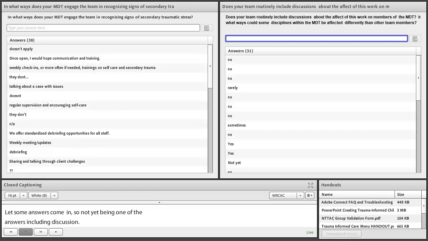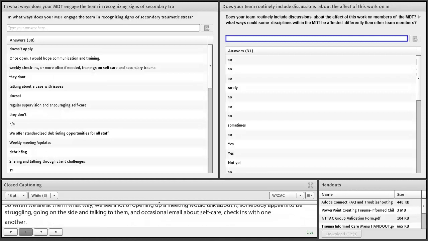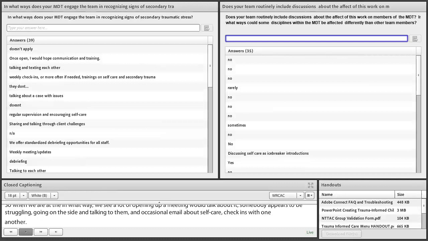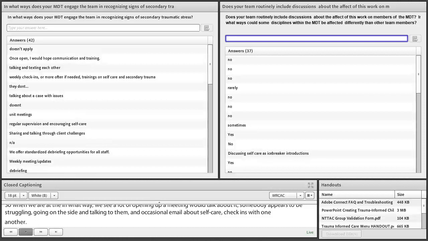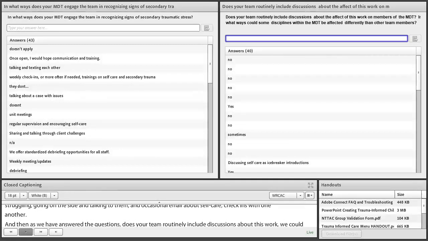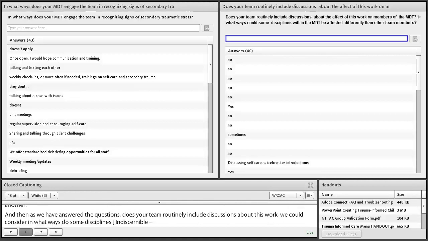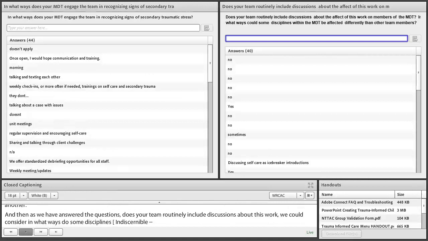And then as we've answered the questions, does your team routinely include discussions about the effect of this work? We could consider too, in what ways could some disciplines within the MDT be affected differently than other team members in that same MDT? Great. I'm also noticing, sorry, Sally, go for it. Sorry.